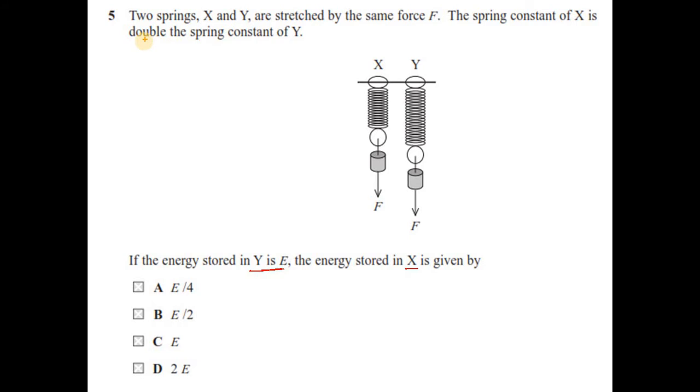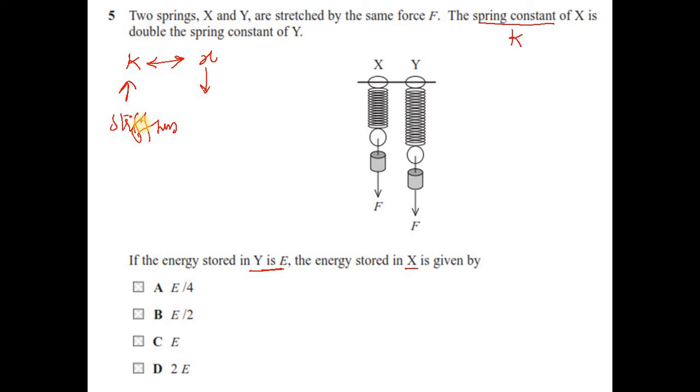So this is the energy stored in Y, and we need to find the energy stored in X. The condition is that the spring constant of X is double the spring constant of Y. Remember, we have a relation between spring constant and extension. If the spring constant is higher, then the extension would be lower, because a higher spring constant means you are increasing stiffness.